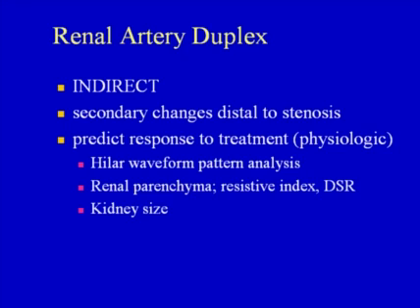Indirect findings are those that are caused by the secondary changes from the hemodynamically significant stenosis. As you get the energy and pressure loss across the lesion, this will change the waveform shape and the velocities. This is important to recognize because it helps the physician identify and maybe predict a response to treatment.